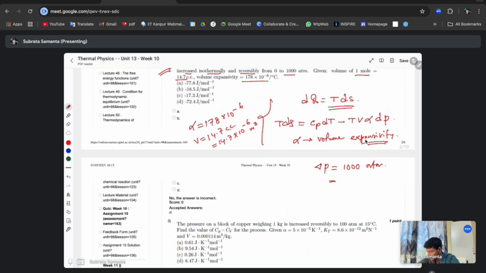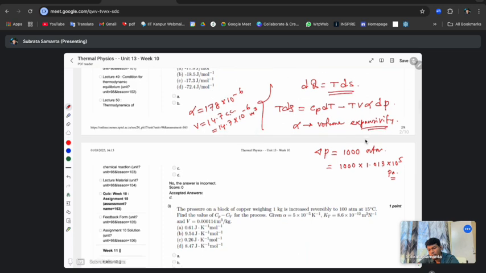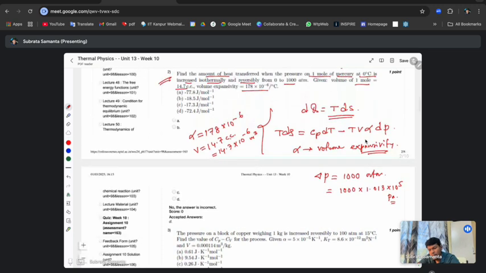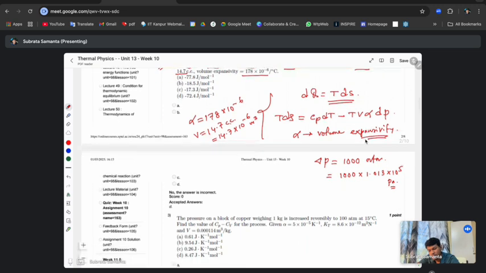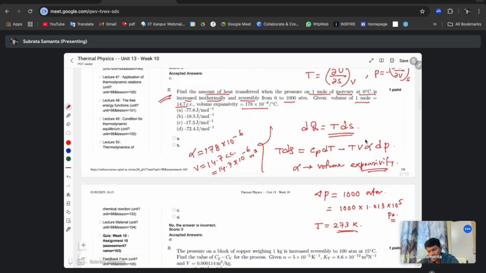Convert into Pascal, so 1000 times 1.013 times 10 to the power 5 Pascal, right? And the temperature is given as 0 degree centigrade, that means 273 Kelvin. Any other thing? No, it is 1 mole. Okay, so that's fine.